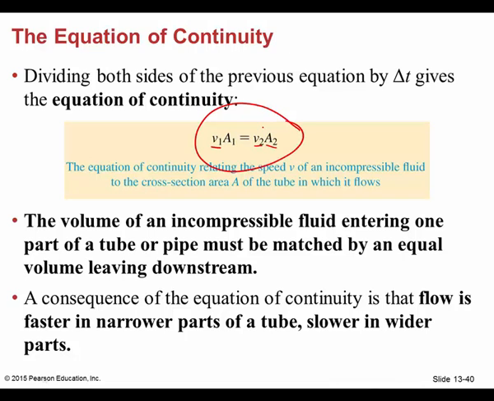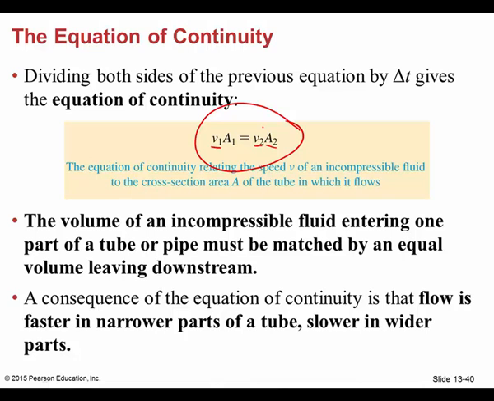Now, the volume of incompressible fluid entering one part of the tube or pipe must be matched by an equal volume leaving downstream. In other words, the volumes have to match. You cannot put 100 cubic meters in one end of the pipe and get out 10.